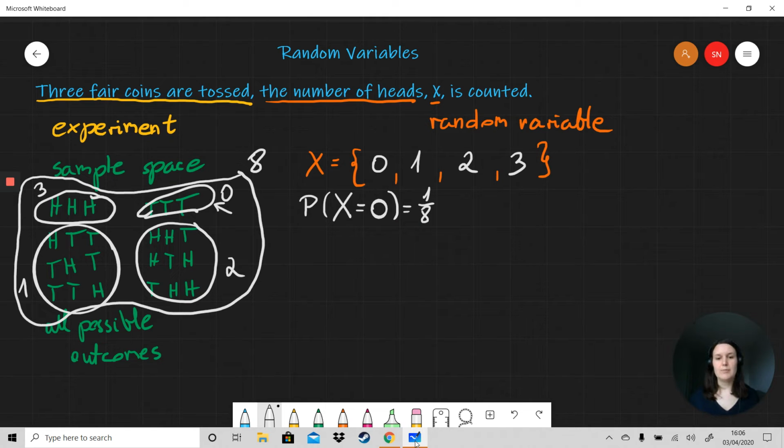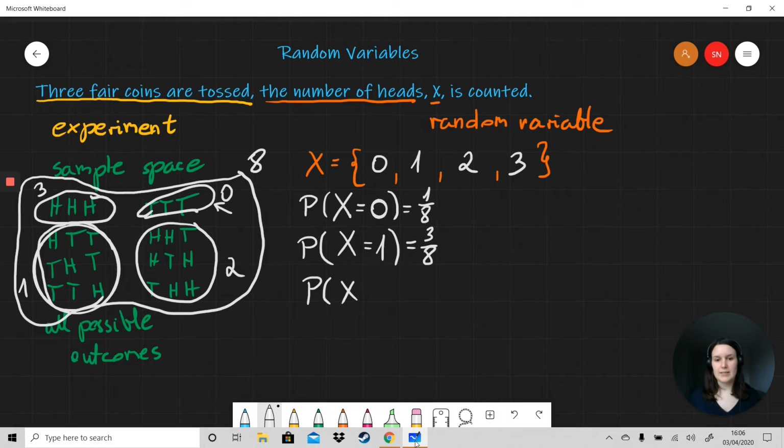And now I can find the probability of x being equal to 1, so of the result being 1 time heads. And that's here. I have 3 out of 8 results. That's the probability of the random variable being equal to 1.